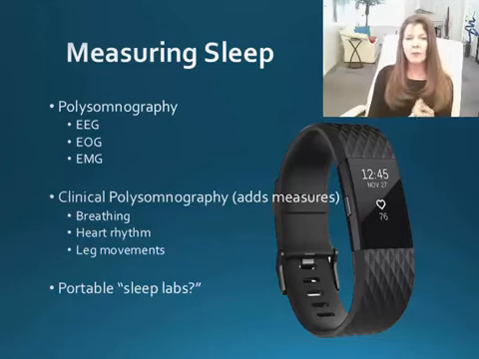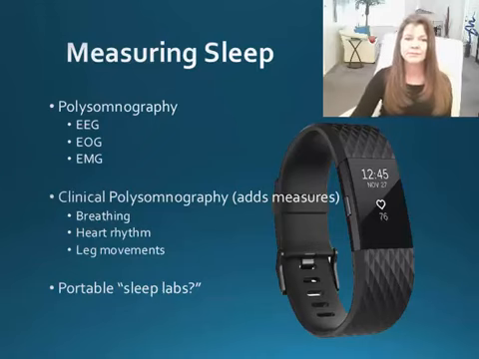Now, one lab has come out with a home-based cap for which precision and accuracy is a bit better, but to date, no such devices match the precision and accuracy only obtained by a full polysomnography in an on-site sleep lab.